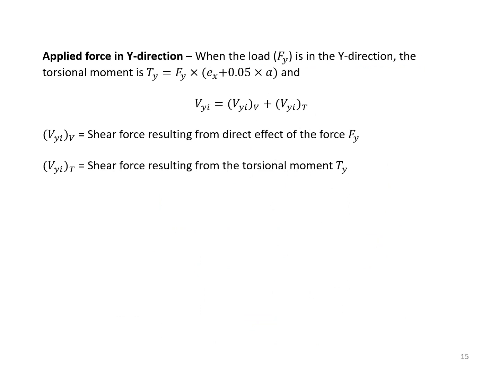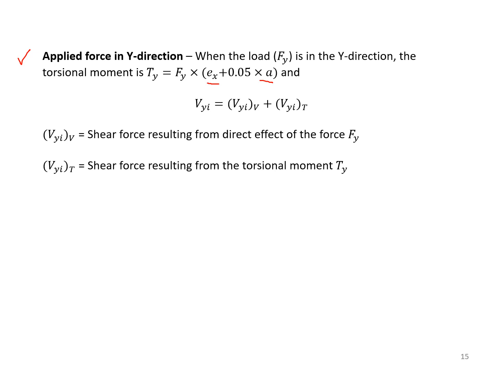Now, if the force applies in the y direction, pretty much the same thing happens, but in a different direction. Again, we have the accidental eccentricity to be considered and added to the theoretical eccentricity. Our theoretical eccentricity is Ex, and perpendicular to the direction of the force, the dimension is A, therefore 5% of that is considered.